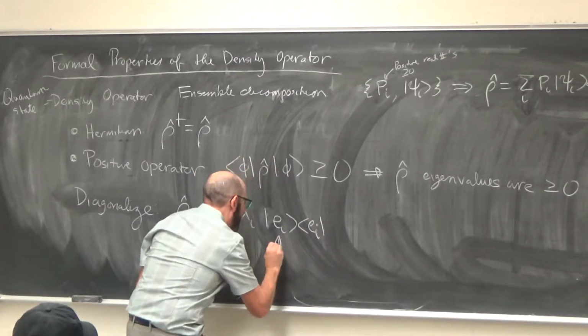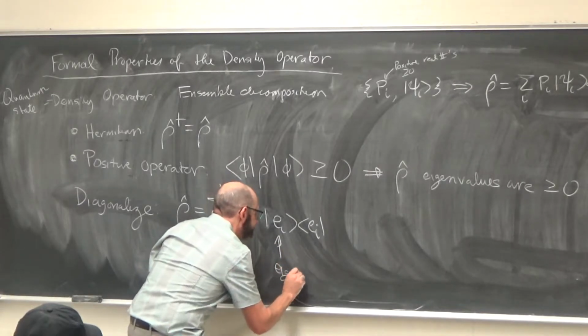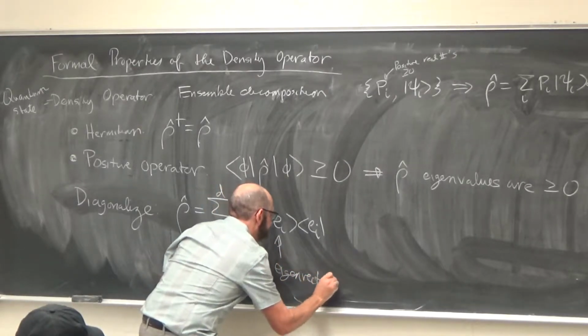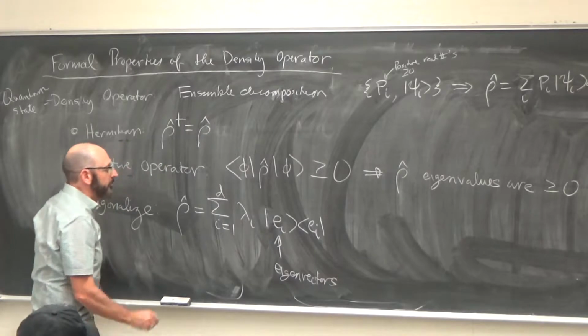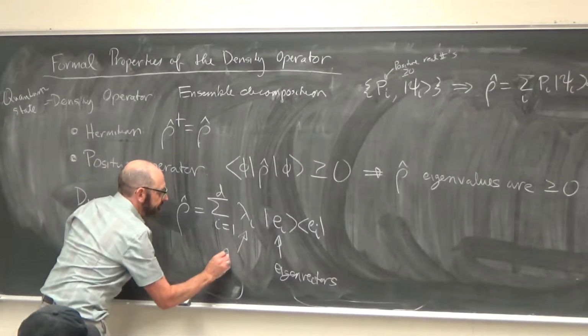So here the e_i's are the eigenvectors of the density operator, and these are the eigenvalues.